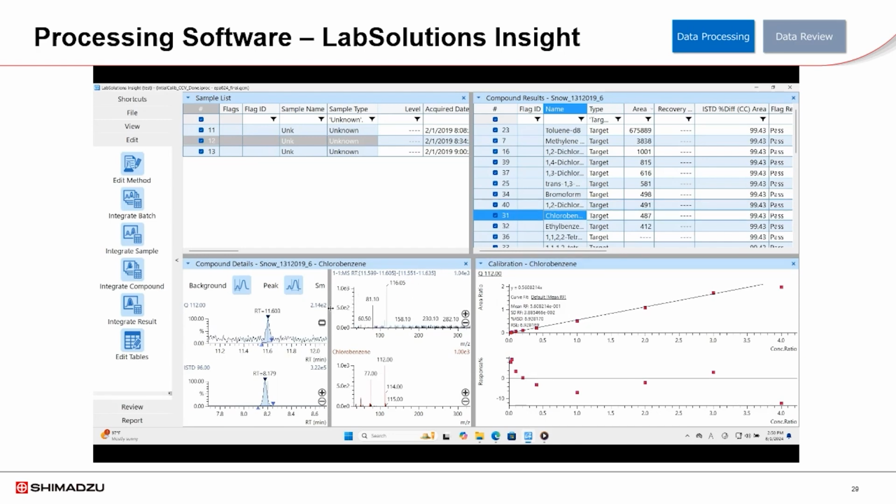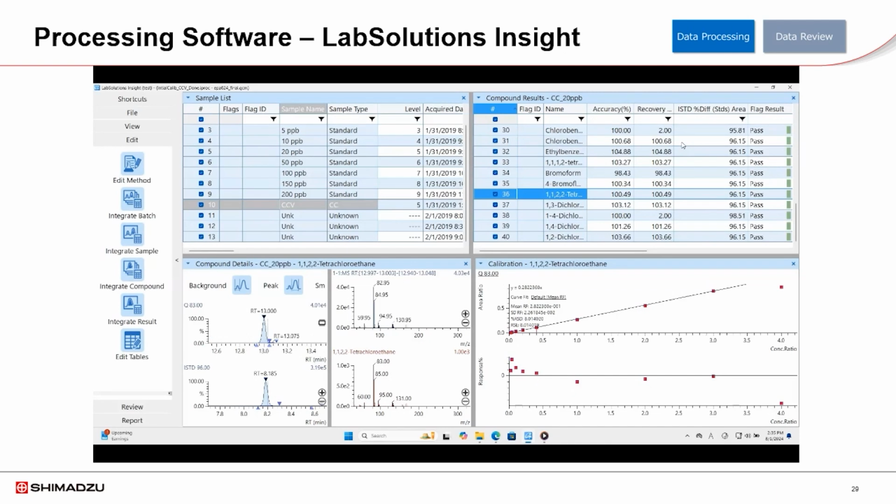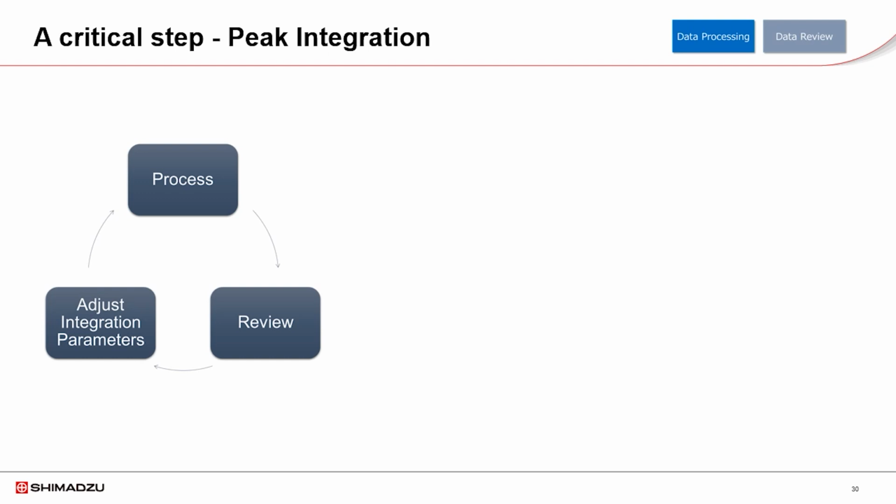Yes, that is a routine workflow for environmental quant analysis, like processing, reviewing, and adjusting the integration parameters, and that is a routine process. So how can the latest GCMS technology contribute to this routine work? There are conventional parameters to integrate a peak, for example, slope or something like that.